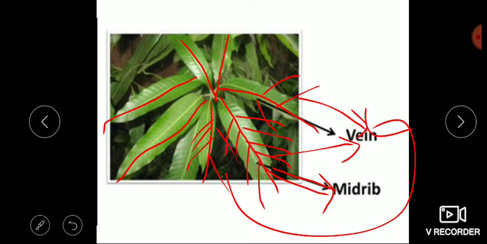Veins help in transportation of the food material and also provide support to the lamina. So, clear structure of the leaf: lamina, veins, midrib, petiole.